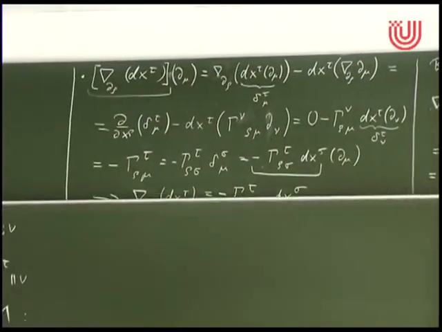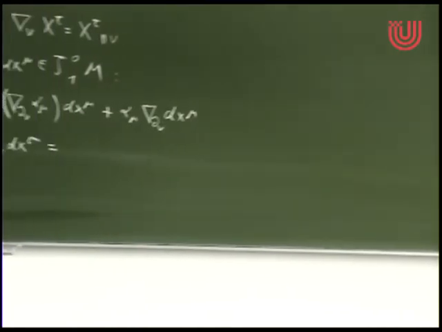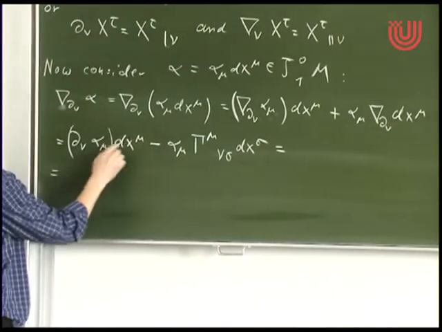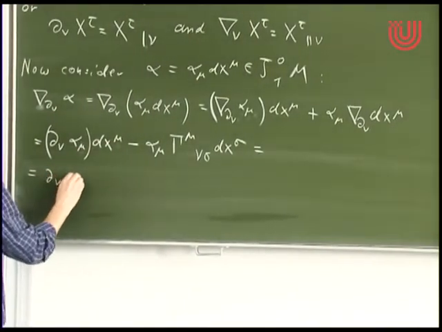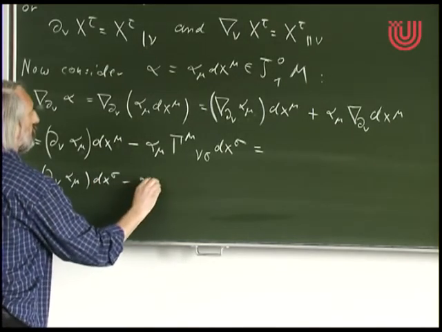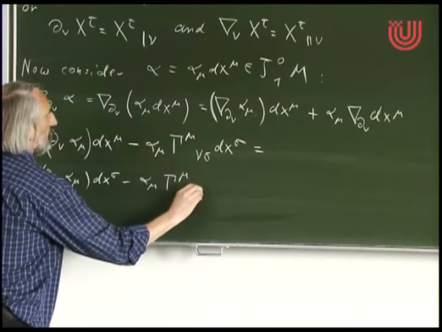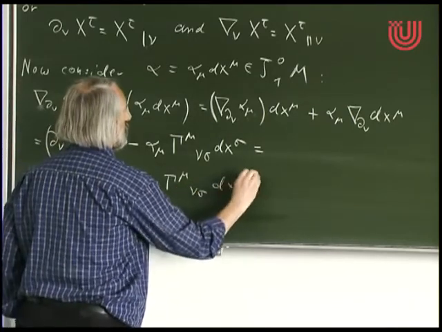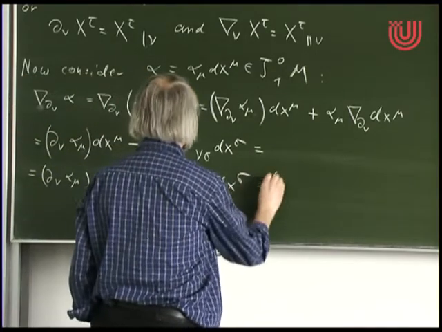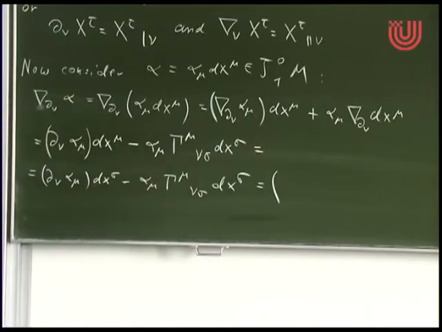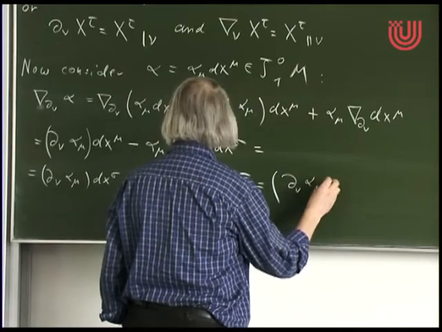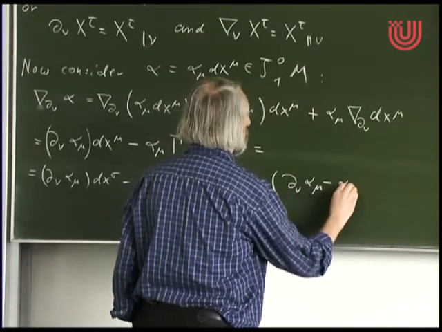Now again, I have to rename the indices so I can combine the two terms. Let me rename this mu into a sigma: d nu alpha mu dx sigma minus alpha mu gamma mu sigma dx sigma. Now I can take the dx sigma out of the bracket, and I get d nu alpha mu minus alpha mu.